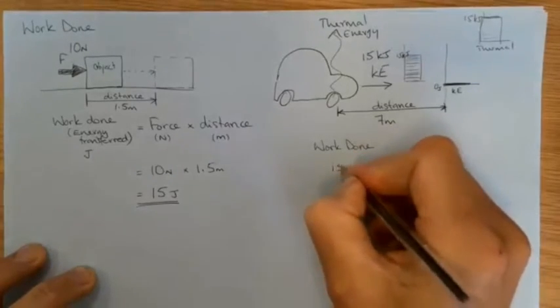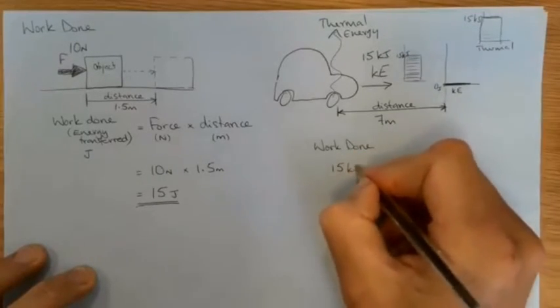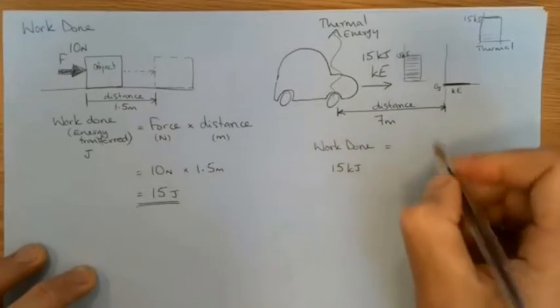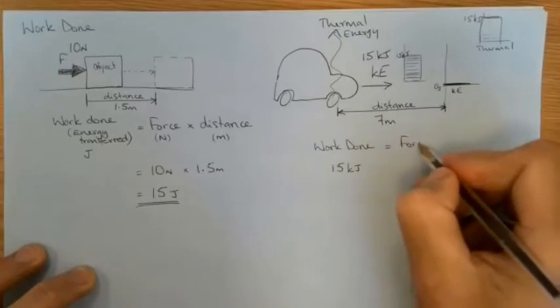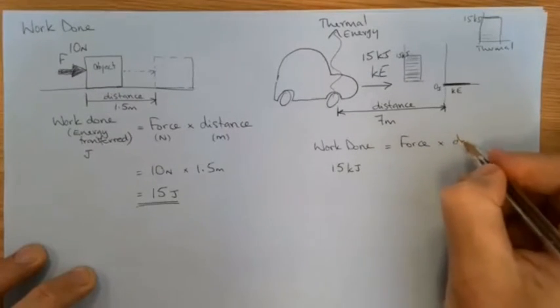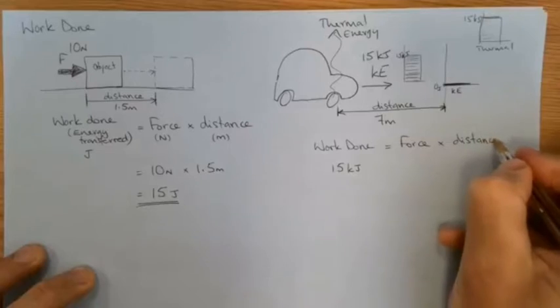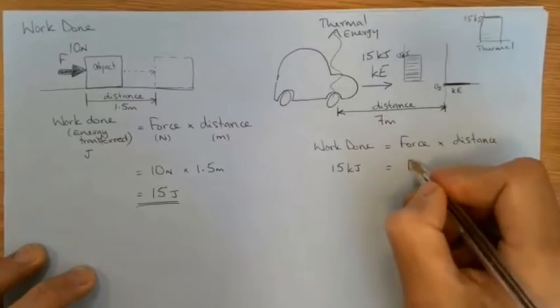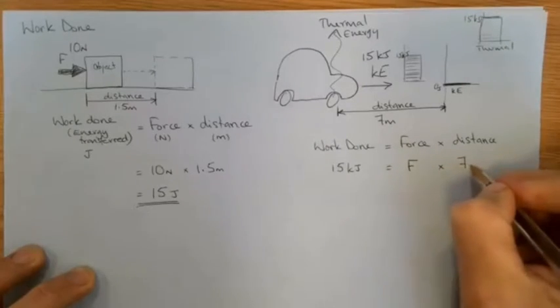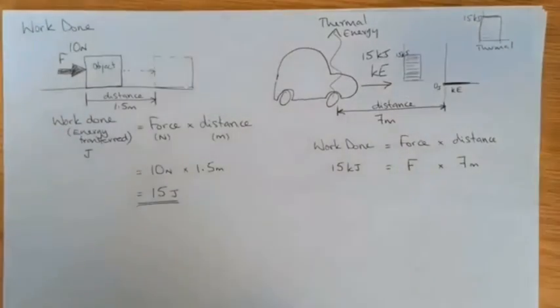So we've got 15 kilojoules of work done, and we know the equation is force times distance. We don't know what the force is, so I'm going to leave that as an unknown, F, and then put 7 meters there.